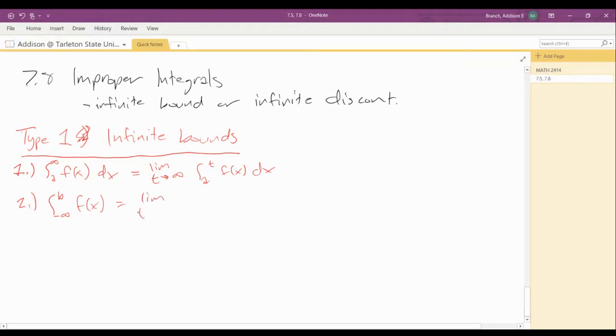And we now have our limit as t goes to negative infinity from t to b of f of x dx.